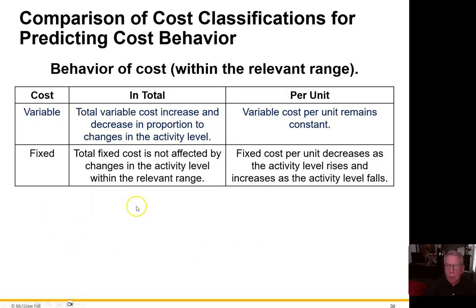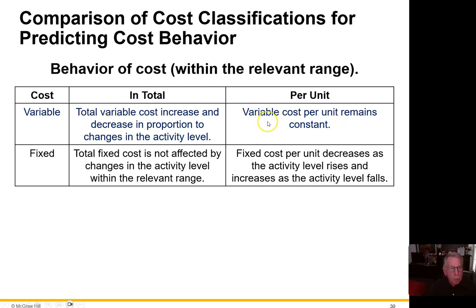Okay, so behavior of costs within the relevant range. For variable costs, in total, variable costs increase and decrease in proportion to the change in the volume or activity level.